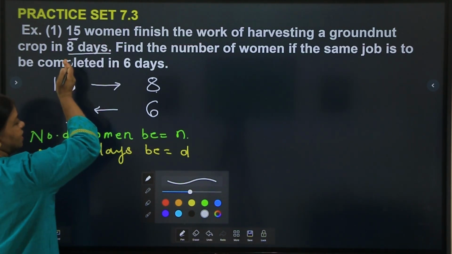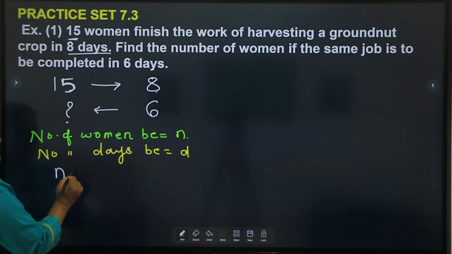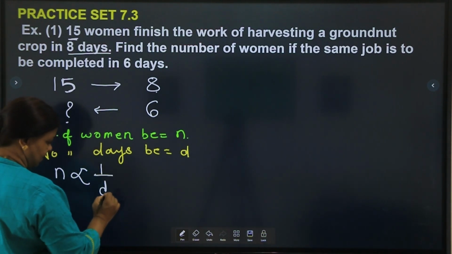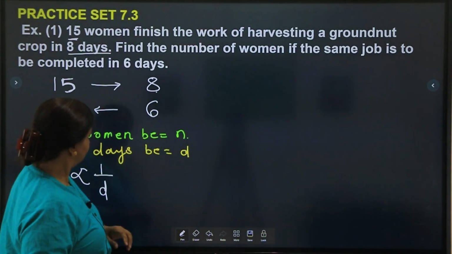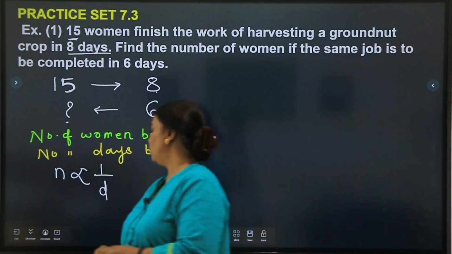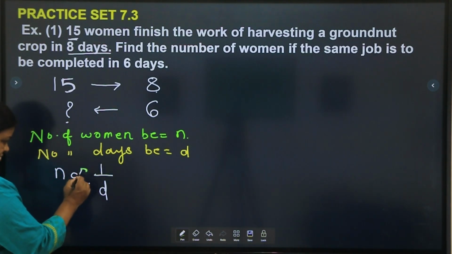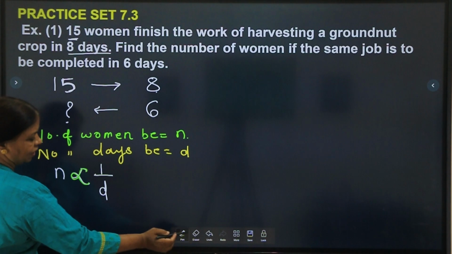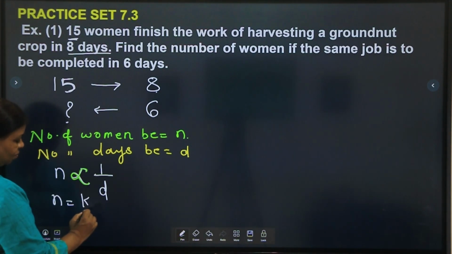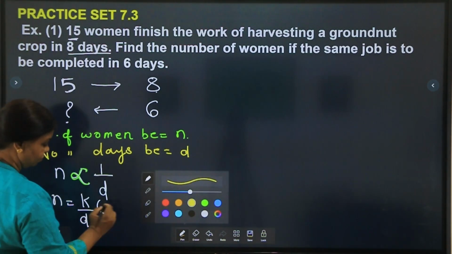If one is increasing, the other is decreasing. So, n varies inversely to the number of days, where n is the number of women and d is the number of days. Let us remove the variation sign and introduce the equal sign. n is equal to k upon d, and here k is a constant of variation.